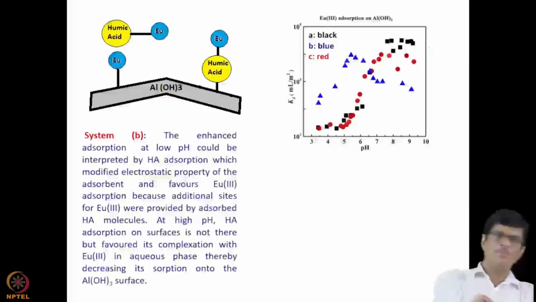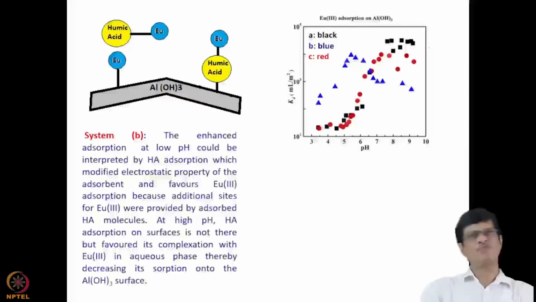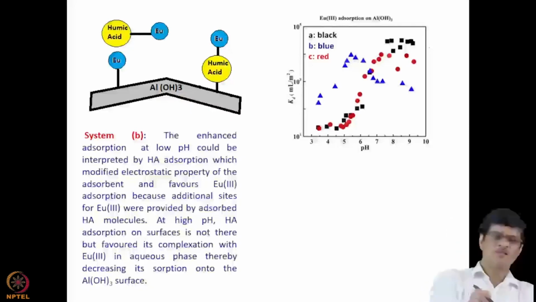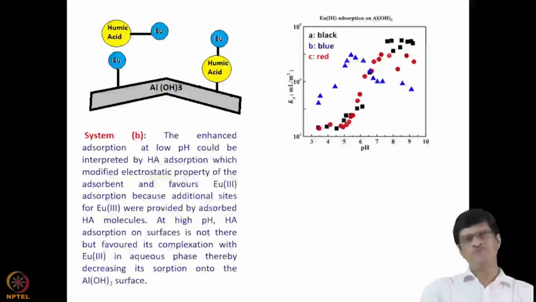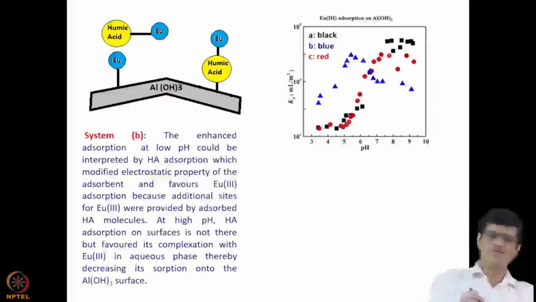Then europium without forming a complex with the humic acid, the chance is very, very less, but definitely some fraction of the europium 3 is not forming a complex with the humic acid, and that fraction of the europium 3 plus ion is binding to the aluminum hydroxide surface. The third case is that the europium 3 forms a complex with the humic acid, and the humic acid binds to the aluminum hydroxide surface.